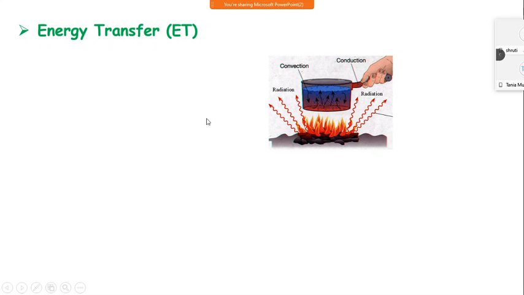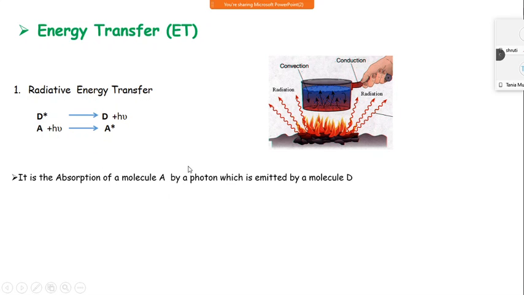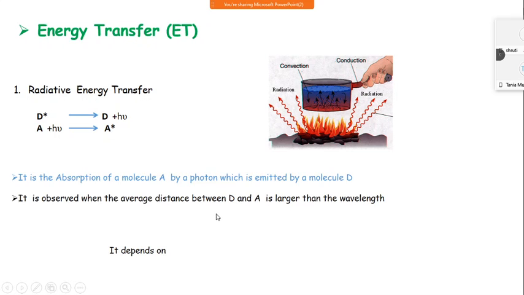So here we discuss what energy transfer is. Radiative energy transfer: there are two molecules, A and D. D emits a wavelength, h mu, and A absorbs that wavelength and gets excited.